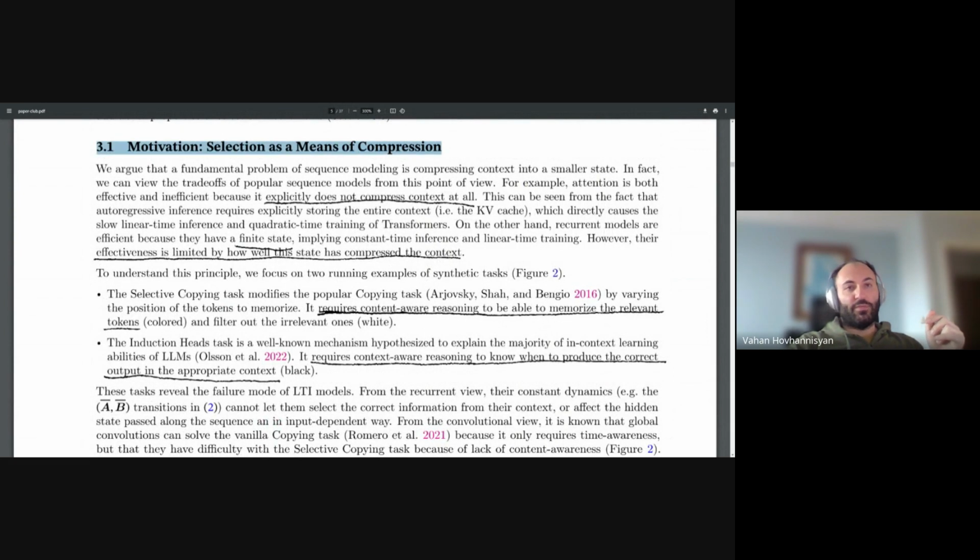So the motivation here is they view this whole thing from the point of view of compression. Basically, they say if you want a hidden state that is able to capture long context, it must be able to compress this whole information into a relatively low dimensional dense vector, the last hidden state, right?